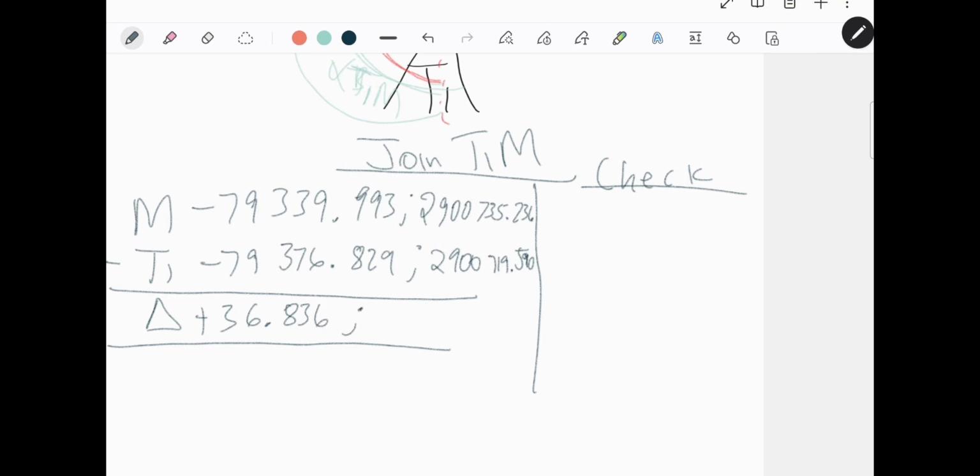Then the other side is 2,900,735.236 minus 2,900,719.590. So this side we're getting positive 15.646.